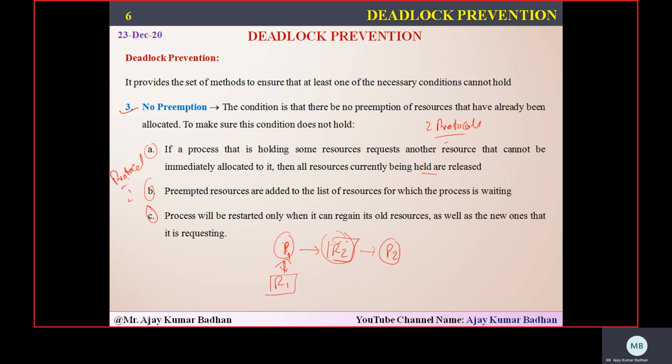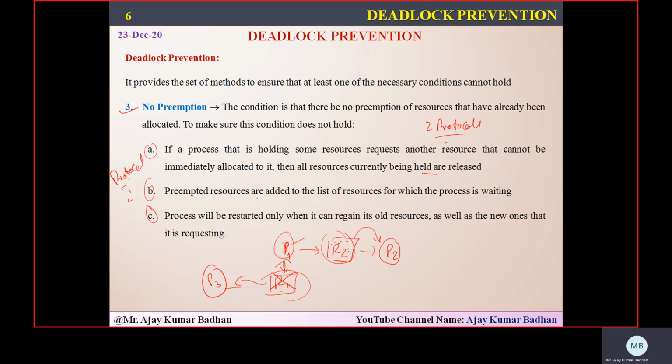In case the resource is not available and is held by another process, then this process is not going to get the resource anyhow, and it is not using R1 because it has completed using it. We will simply remove this resource from this process and give it to some other process which is requesting it.